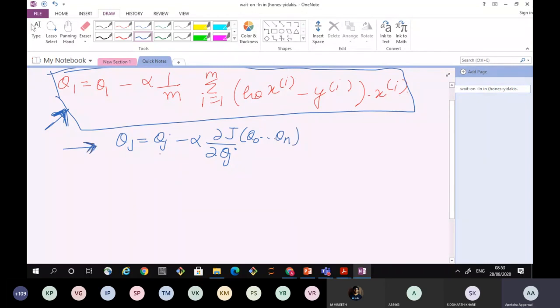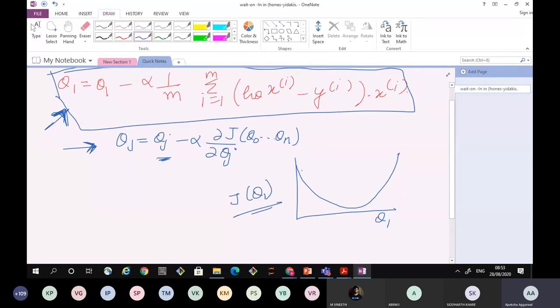Now at every step we are basically subtracting some term from this theta j. So why are we only subtracting? Suppose this is my theta 1, let's say, and this is J theta 1. So this was like this, and this is the whole function that I have.